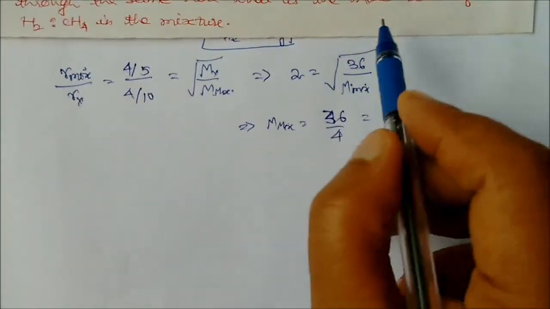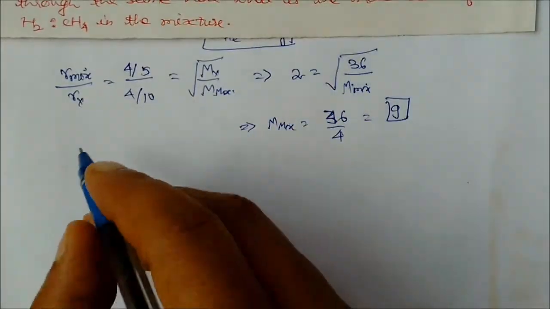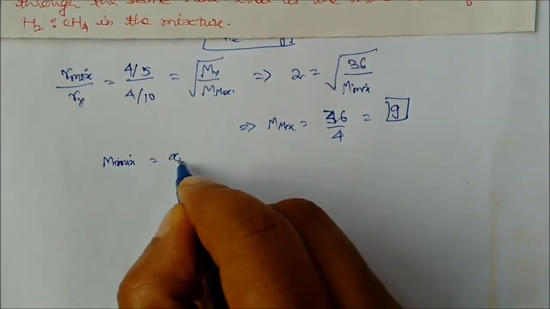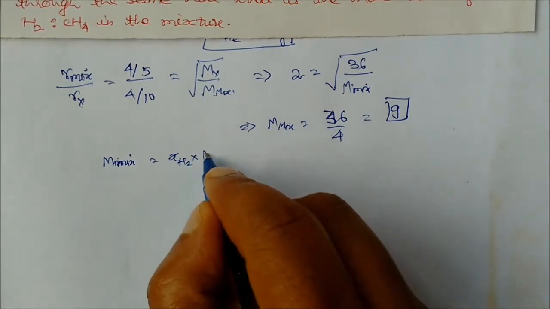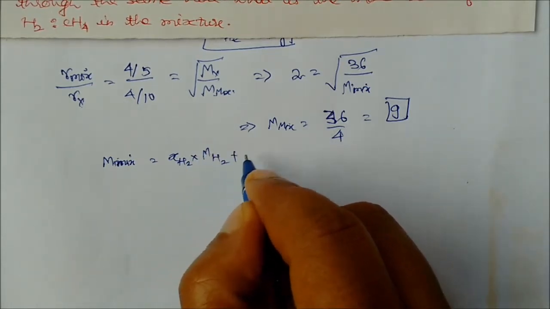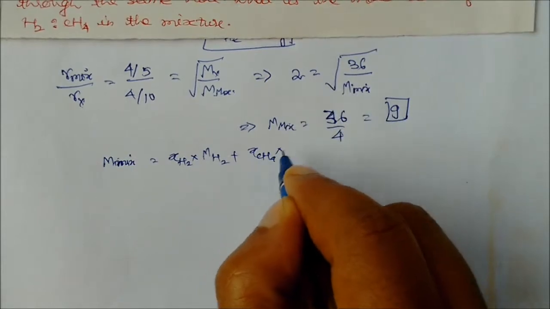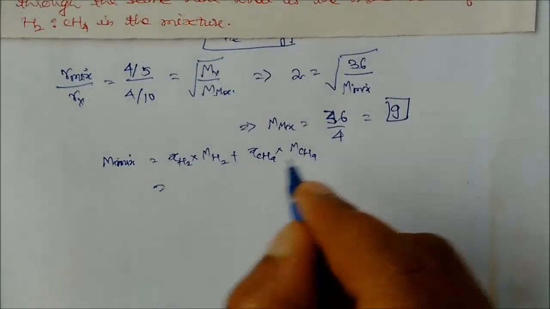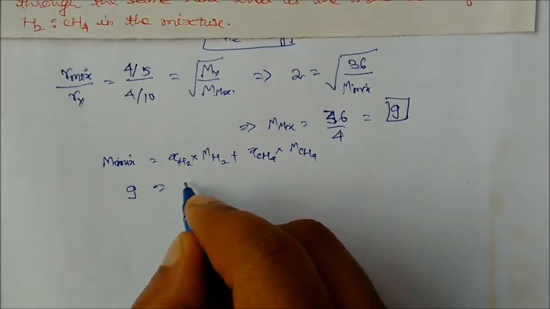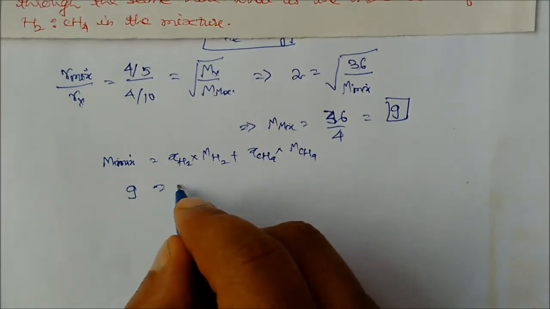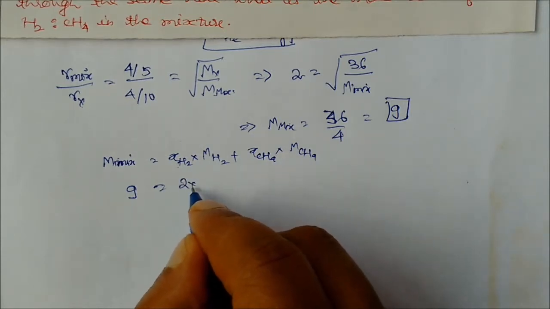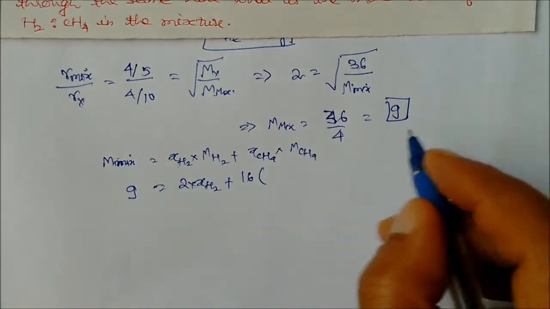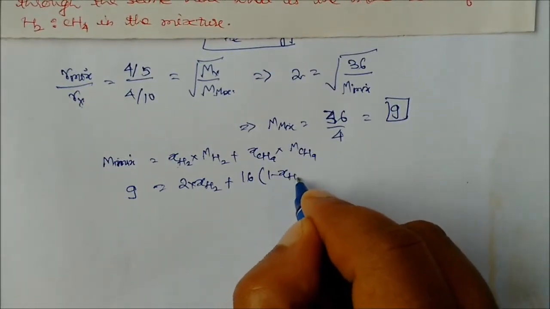So the mass of the mixture is moles of hydrogen into the molar mass of H2 plus moles of methane into the molar mass of methane. Here the molar mass we know, that is 9, and the hydrogen fraction we don't know, so we can write 2 into x of hydrogen plus 16 into the mole fraction of methane, which is 1 minus x of hydrogen.